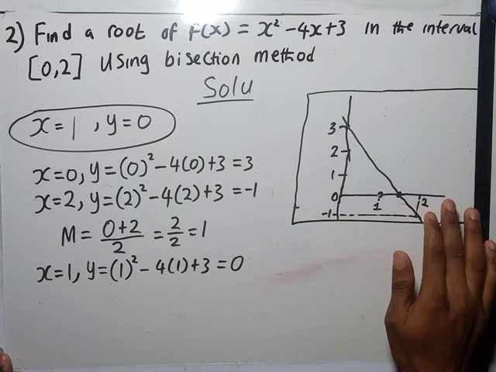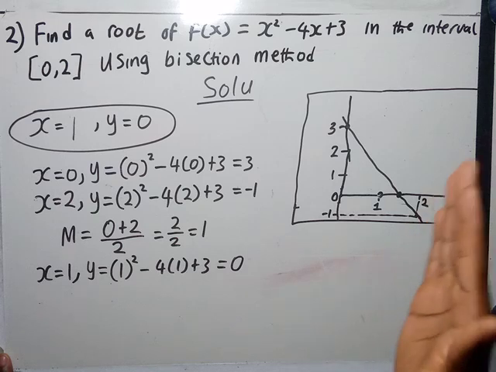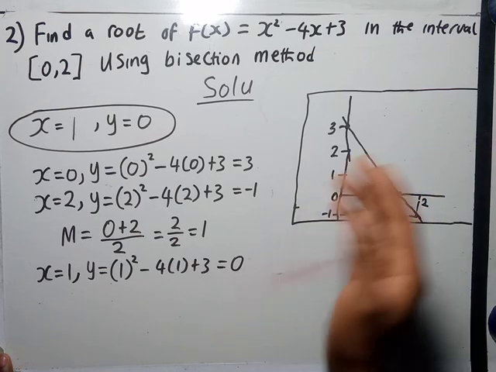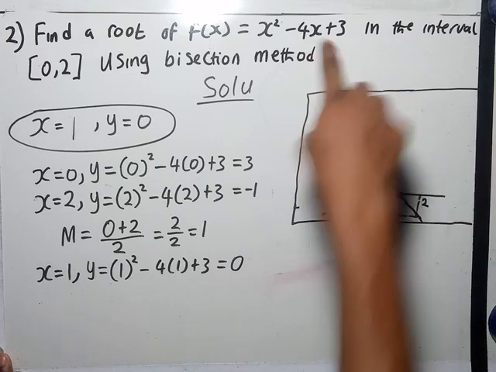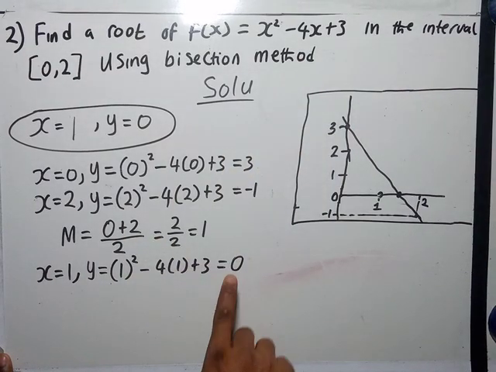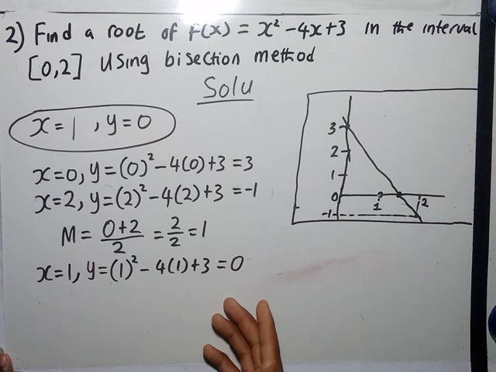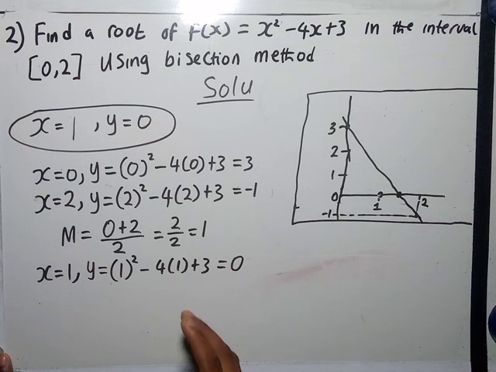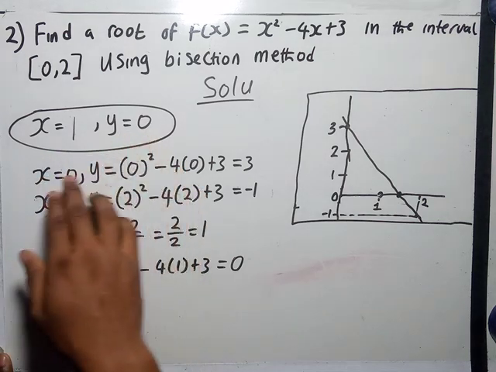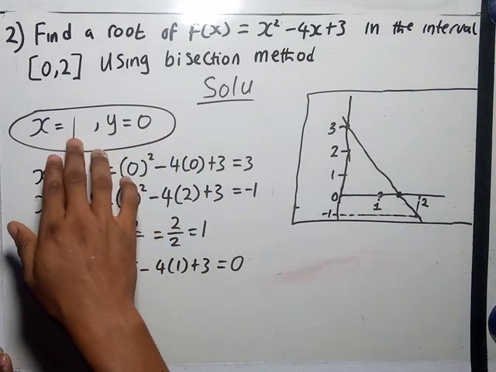We had this full length, we divided it into 2. When we divided into 2, we got 1 to be in the center. We then inputted that 1 into this formula to check if it will give us 0. When we did it, it gave us 0. And because it gave us 0, we conclude that the value of x when y is 0 is 1.